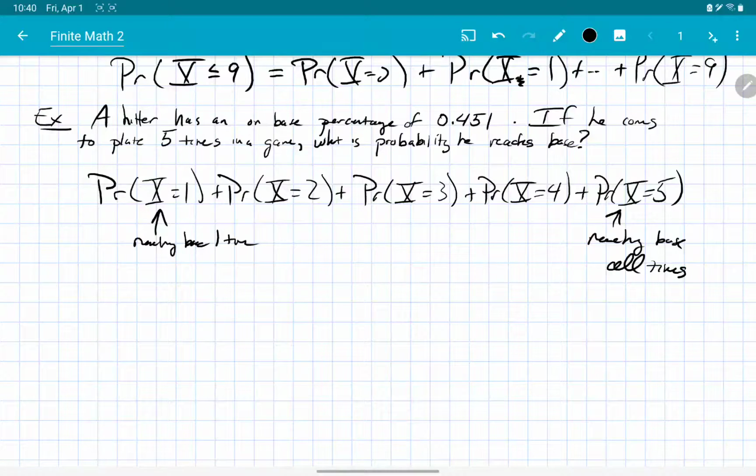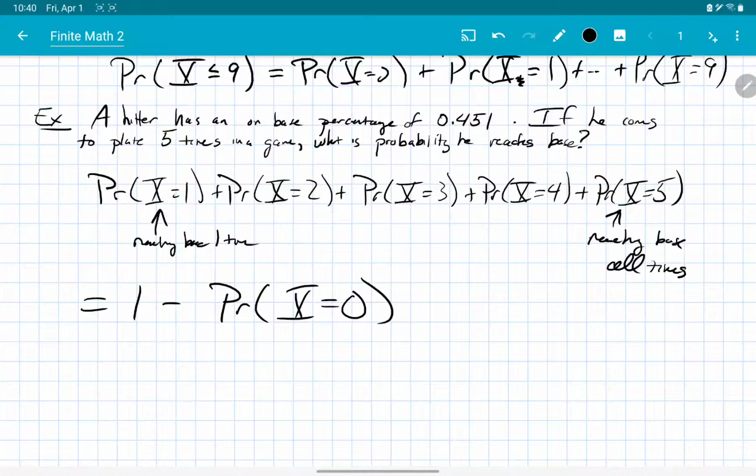We could calculate those 5 separately, except there's an easier way. The probability that he reaches base at least once is 1 minus the probability he does not reach base. That time we'd only have to do 1 calculation, using our formula only 1 time.